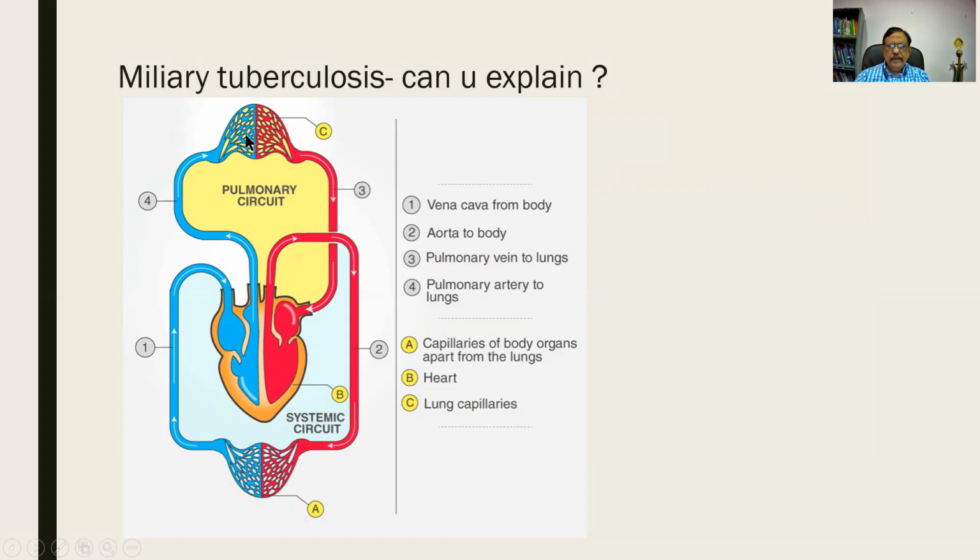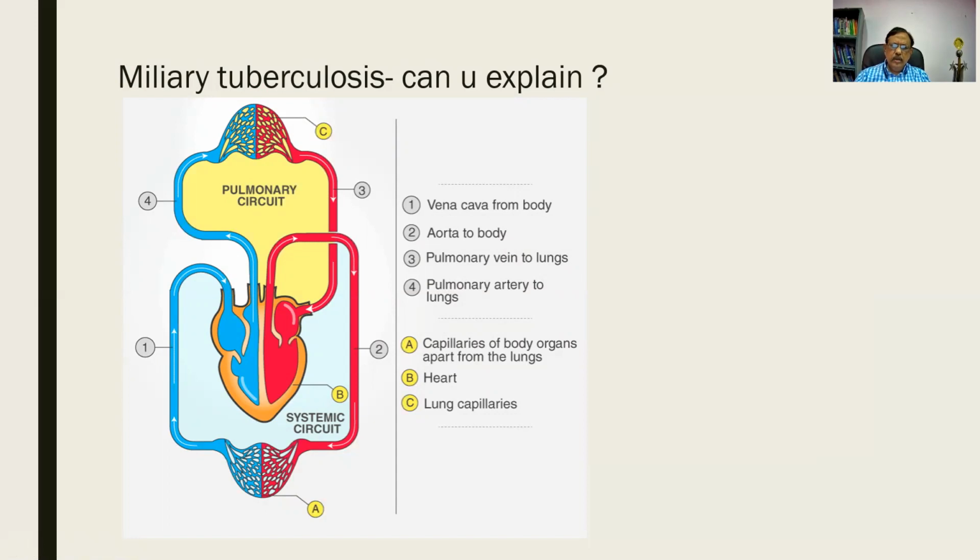Sometimes the bronchial vein, and then it can go to the right side of the heart. From the right side, through the pulmonary artery, it goes only to the lungs. So that is called a pulmonary miliary. So first is a systemic miliary, second is a pulmonary miliary. And if there is a lymphatic drainage, that also goes to the right side of the heart, from the right side, pulmonary artery to the lungs.